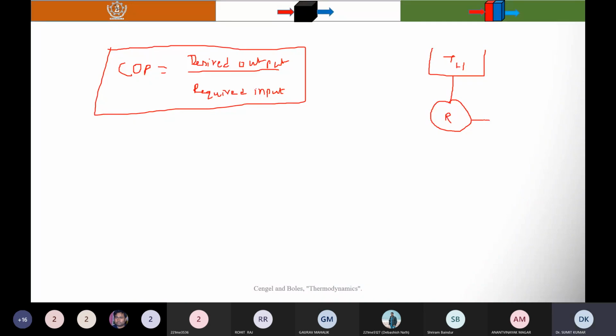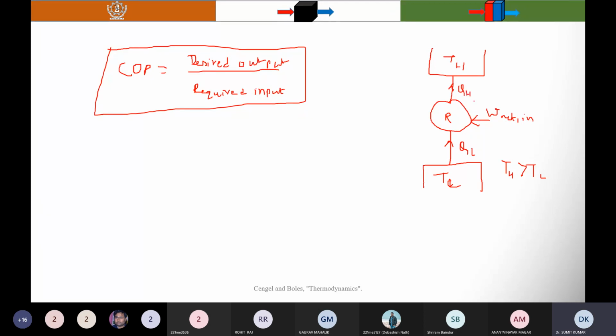The net work done is W net in, and this is the cold body at the low temperature TC. Here I assume that TH is greater than TC. The energy transfers are QL and QH.